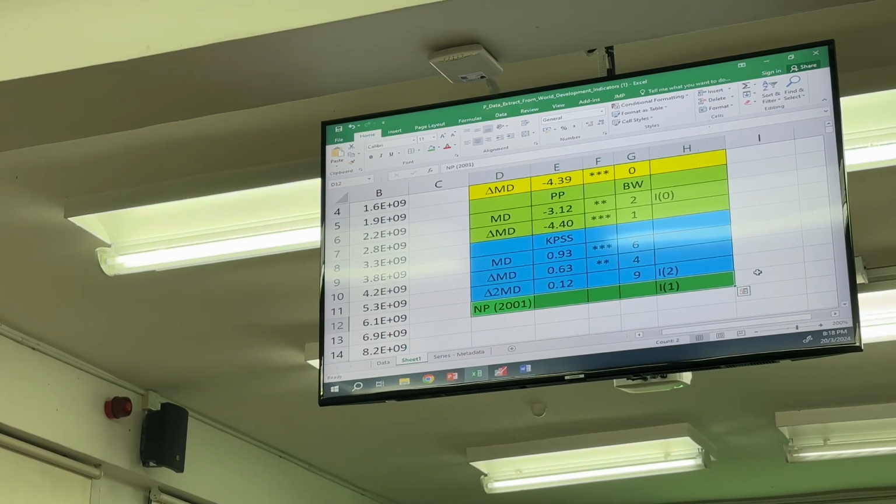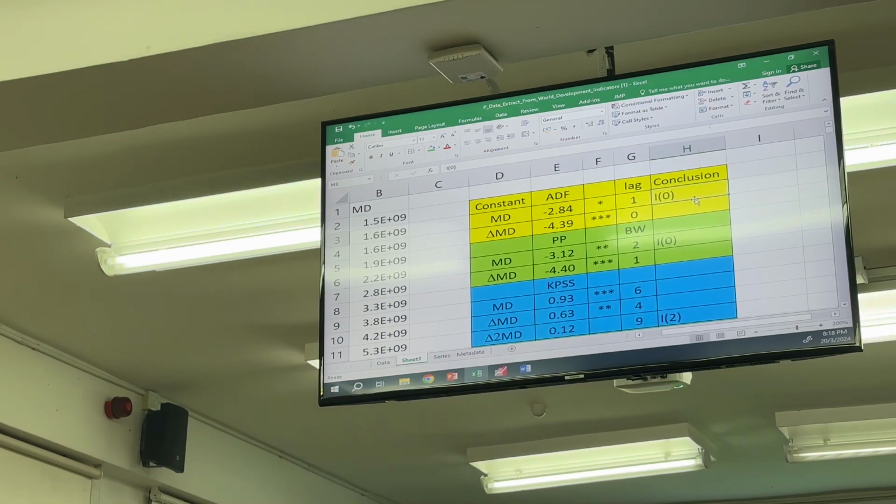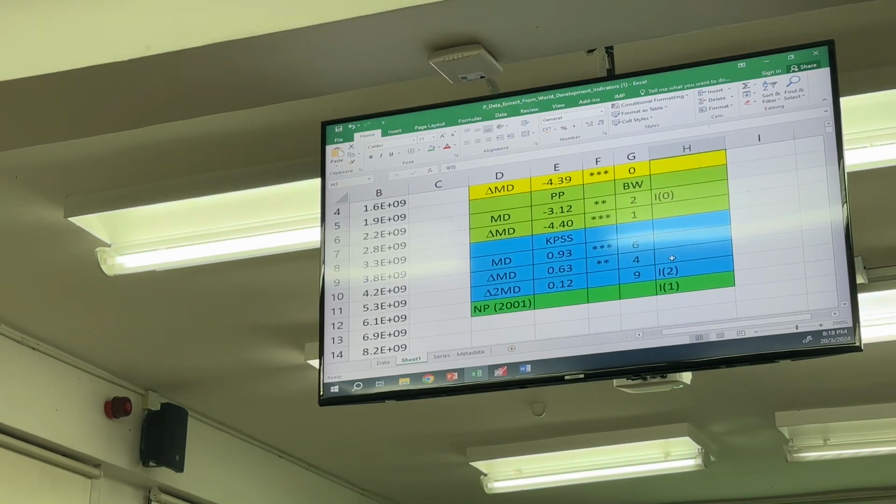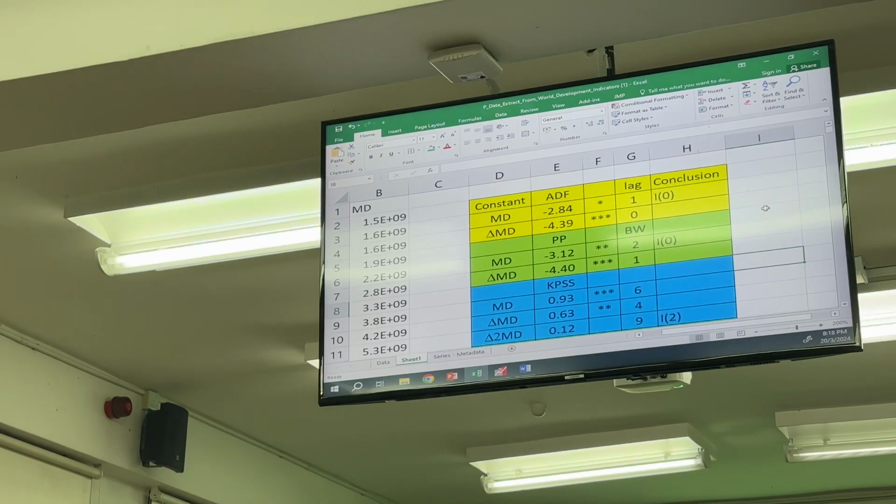But there is another school of thought which argues that if the series is already I(0) by using ADF, then it should be I(0) already, and you need not go to a higher-power test to come up with I(2) or I(1). So this is another argument in unit testing. It depends on your judgment.